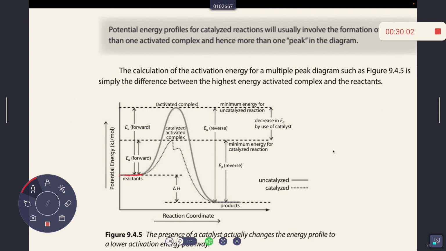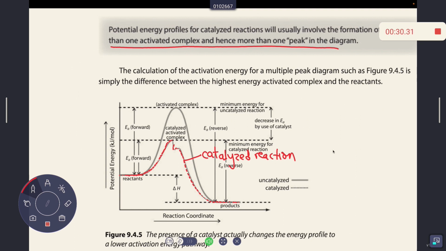It's going to be usually a dashed line or drawn in red, and you're going to see it underneath the original line. Okay, so this would be your catalyzed reaction. And in a catalyzed reaction, we typically have more than one activated complex. So that's why you see multiple peaks in the catalyzed reaction.